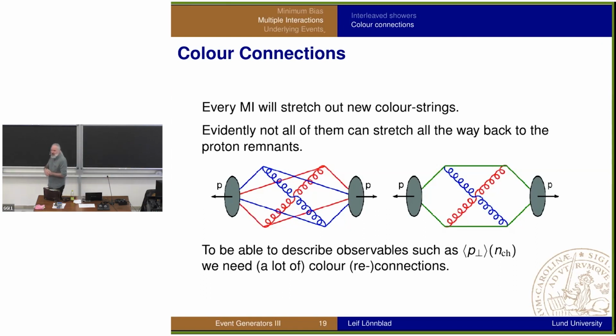In the end, you have to have only color singlets. So just as we always have to conserve energy and momentum, we need to conserve color. There was zero color when the protons collided. Afterwards, there should be color singlets only.